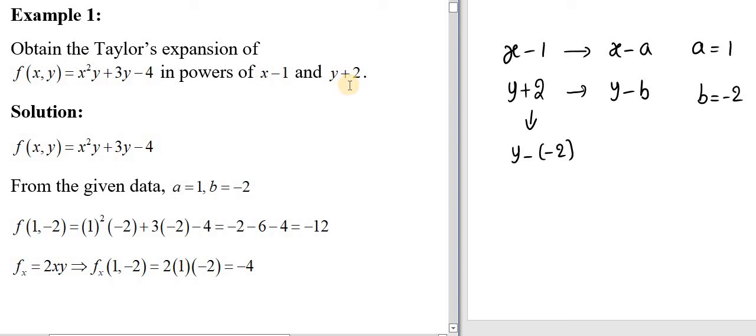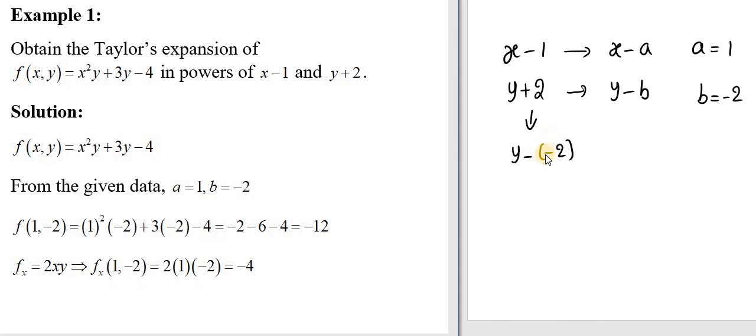Now we need the values of a and b. For this, we are going to compare x minus 1 with x minus a. Then we can easily find out a equal to 1. To get the value of b, we are going to compare y plus 2 with y minus b. This y plus 2 can be written as y minus of minus 2.